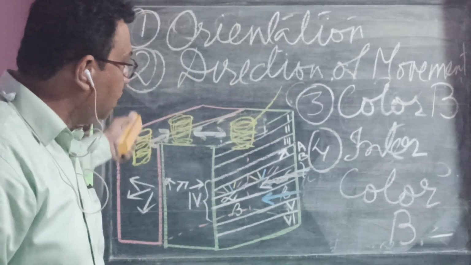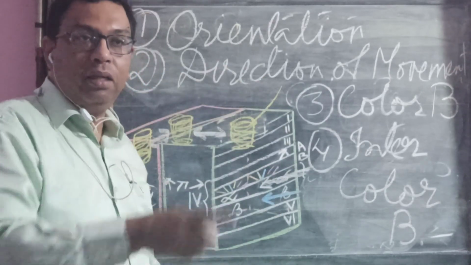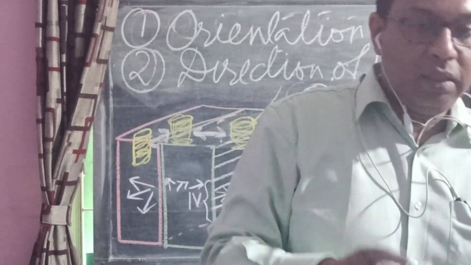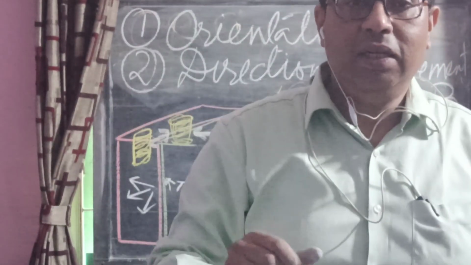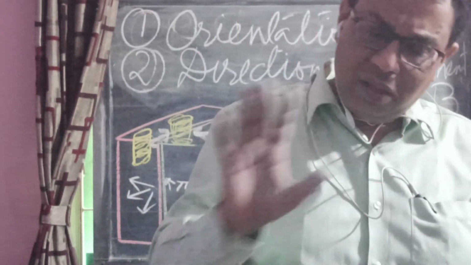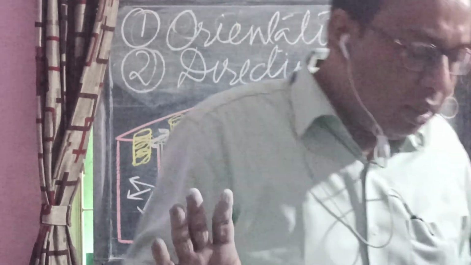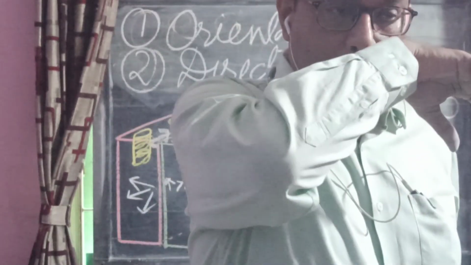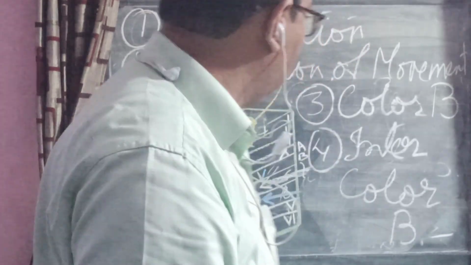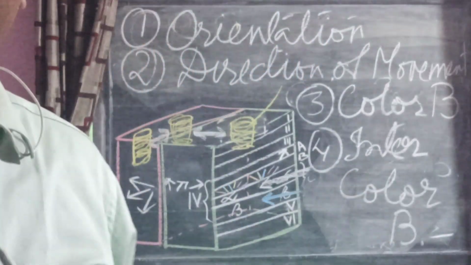So this is the processing which happens in V1, the primary visual cortex, Brodmann area number 17, the striate cortex, or the area around the calcarine fissure. It's all the same. There are further processings, so we'll talk about that in a later class.